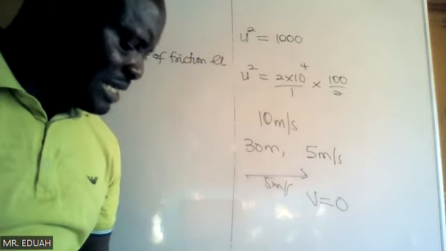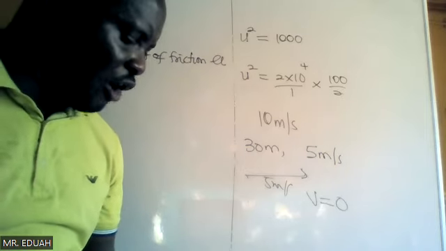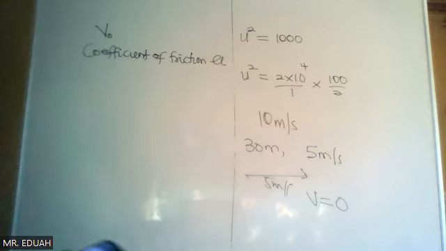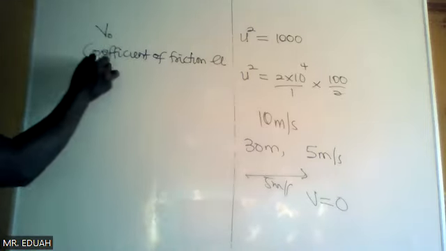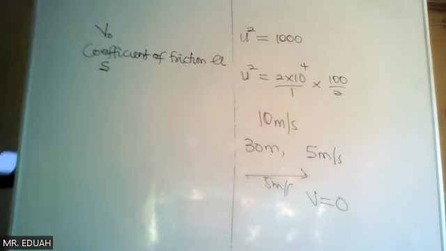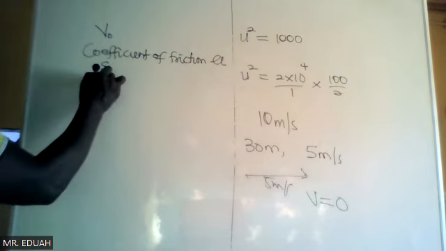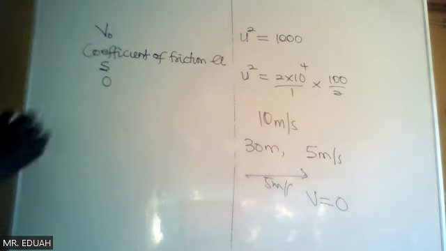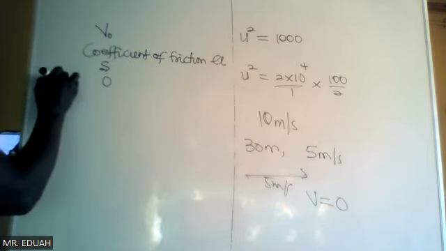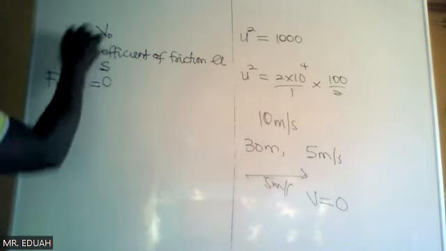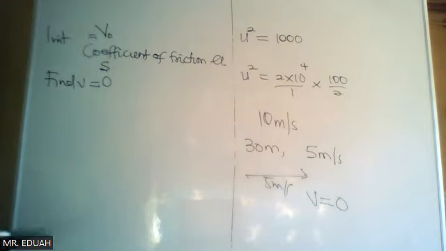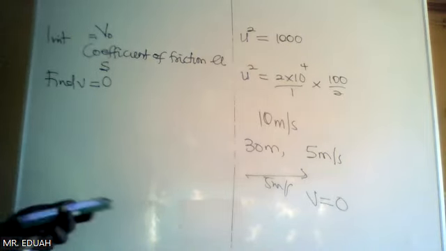The distance traveled by the car before it comes to a stop or to rest is, so we are looking for S. Meanwhile, the final velocity is 0 before coming to rest. So it means final velocity is 0. Initial velocity is this.